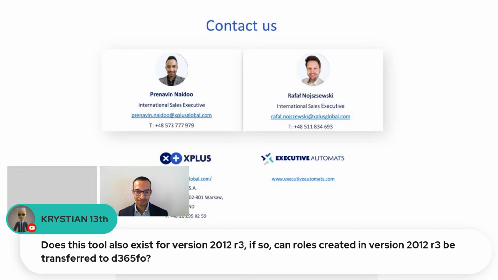But in finance and operations, we have a little bit more power and functions, so we are doing much more there. Unfortunately, the 2012 security layer can't be transferred to FNO due to those security differences. You can use all the structure and processes to make the transfer easy by recreating it, but you can't take the layer of 2012 and put it in FNO, unfortunately.